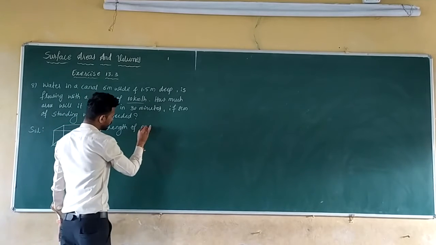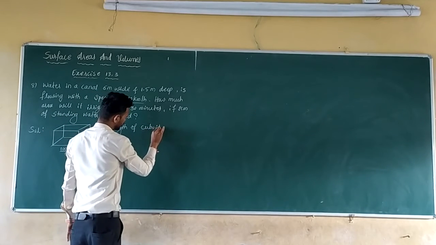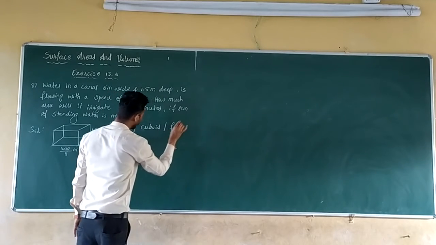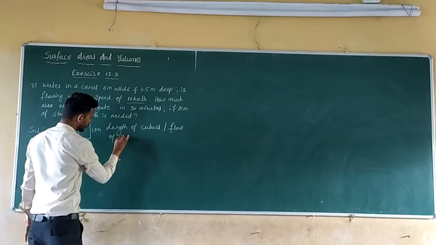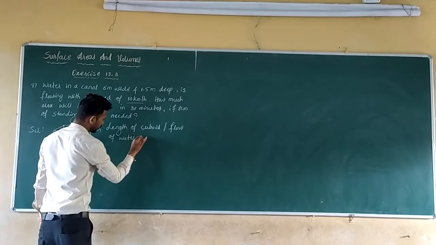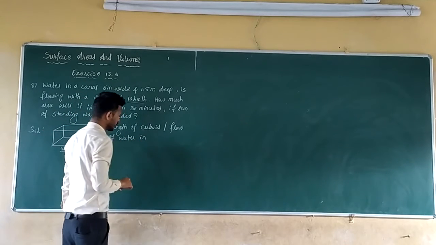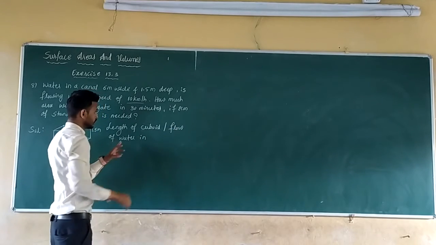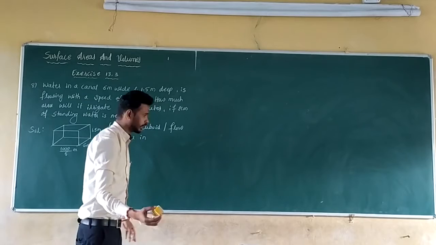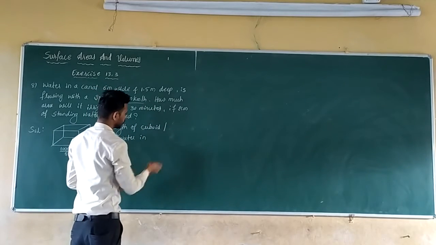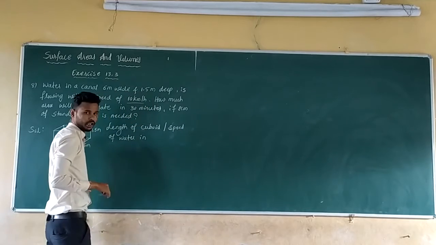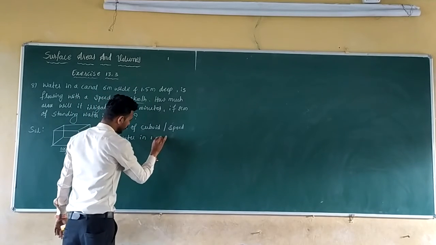Length of cuboid, or flow of water in 1 minute, means the speed of water in 1 minute. You can write that: speed of water in 1 minute.